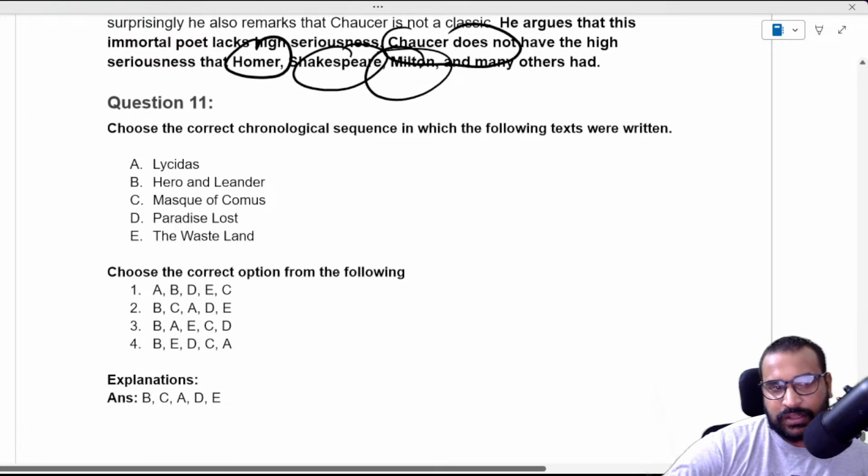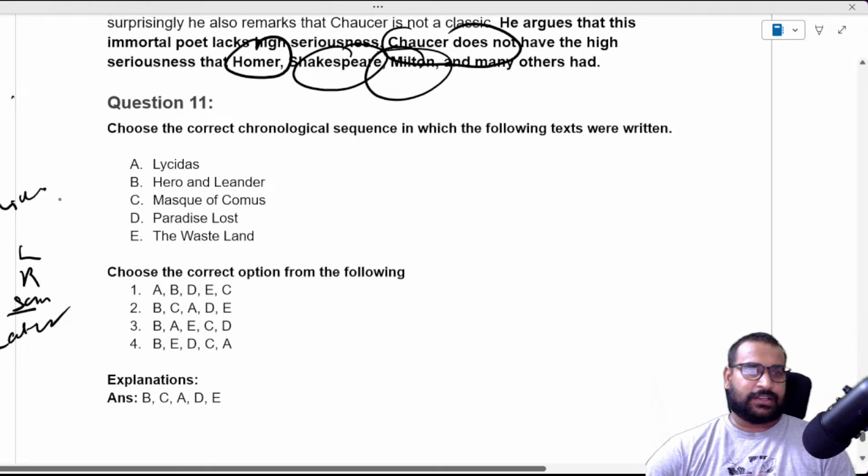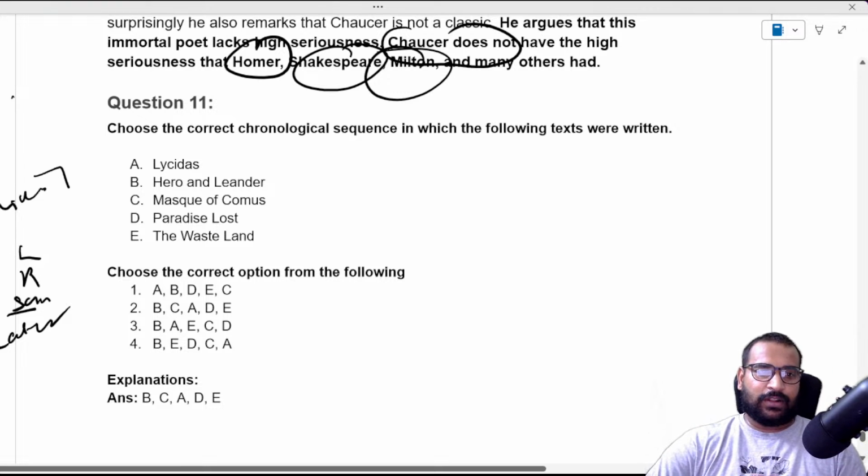Question number 11, again chronology order. If you know this code, earlier, middle, and later. So Samson, first Samson, then we have Regained, then we have Lost, right? In the prose, it starts with reform, then education, then books, that is Areopagitica, and then king.